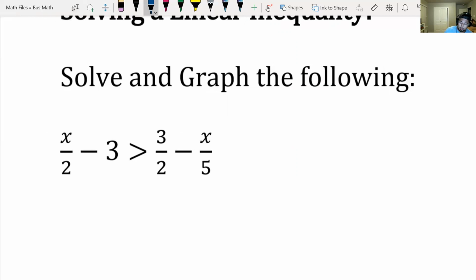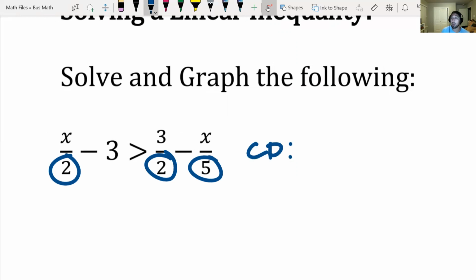And just like on linear equations, we don't like fractions, so let's get rid of them. Look at my denominators, 2, 2, and 5. The common denominator between 2 and 5 happens to be 10. So we will multiply both sides of this inequality by 10.